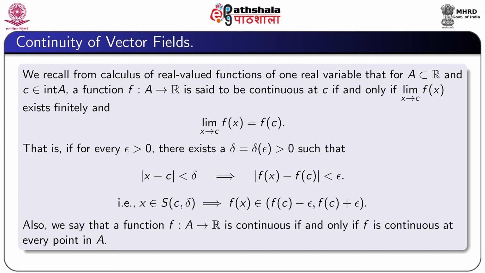That is, corresponding to every positive epsilon, we can find a delta such that whenever mod x minus c is less than delta, we have mod f(x) minus f(c) less than epsilon. That is, whenever x is in c minus delta to c plus delta, we have f(x) in the open interval f(c) minus epsilon to f(c) plus epsilon.